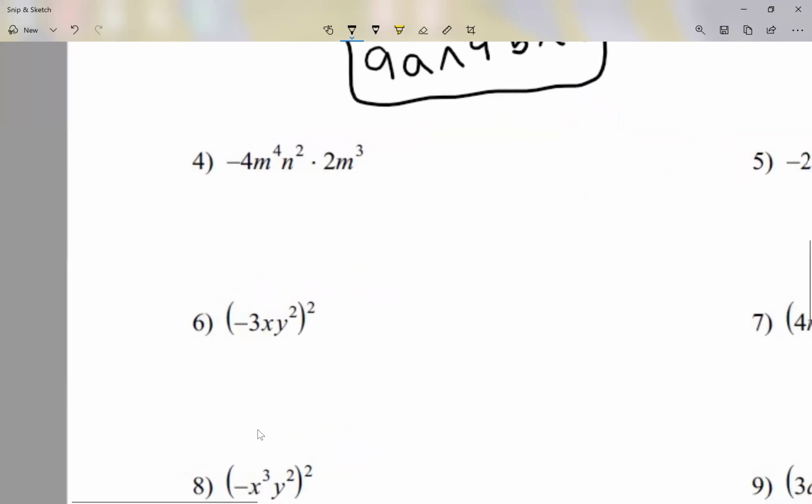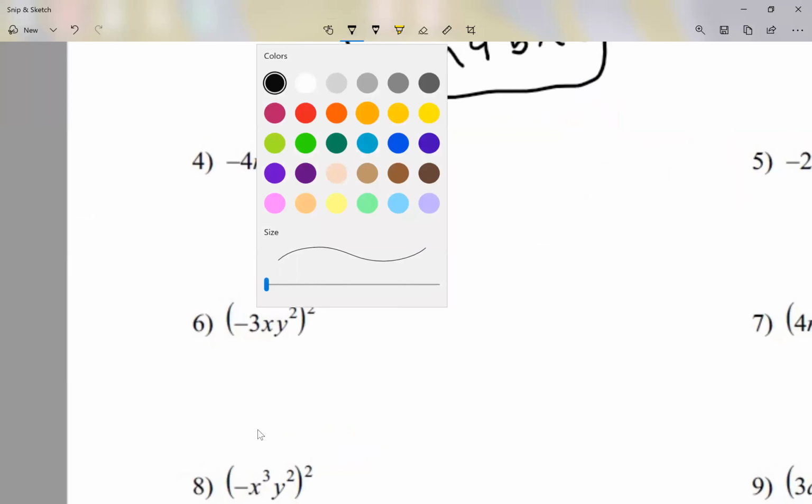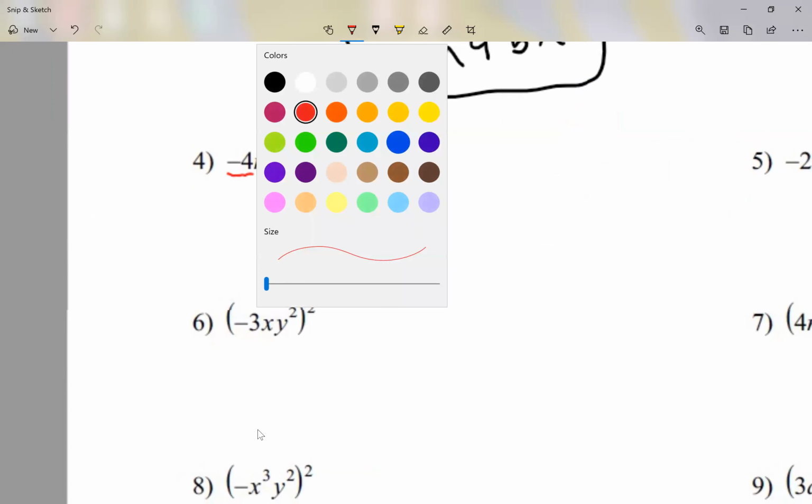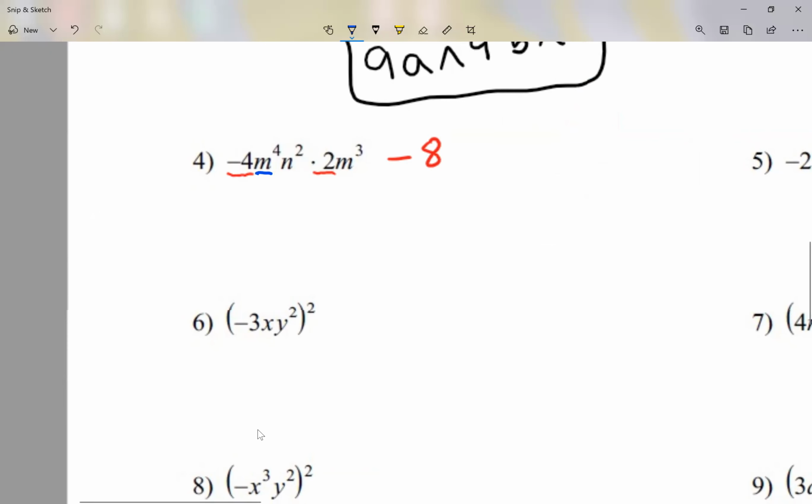All right, let's take a look at question number 4. When it comes to whole numbers, I have a -4 times 2. So it's going to give me -8. My letters, I'm going to treat them in alphabetical order. So I see m to the fourth, m to the third. So that's going to give me m to the 7th.